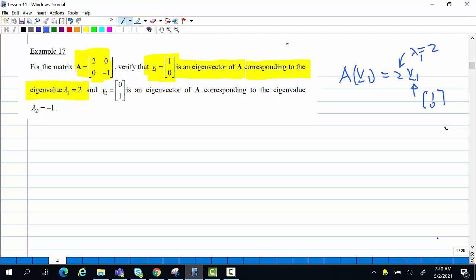So let's try to prove it. A times V1 is equal to the matrix 2, 0, 0, minus 1, times V1, which is 1, 0. You multiply the matrix here. 2 times 1 plus 0 times 0, you get 2 here.